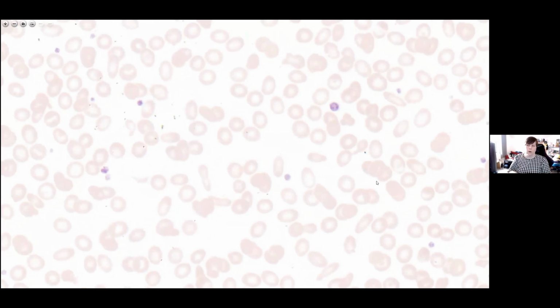In the laboratory, we don't often distinguish between coarse and delicate basophilic stippling. The only time I would really mention it is with heavy metal toxicity, because that is genuinely very coarse. But you can get basophilic stippling in any condition with hemolysis. So certainly in thalassemia major and intermedia, not trait, and even in sickle cell, you can see basophilic stippling. But I wouldn't expect it in a case like this.